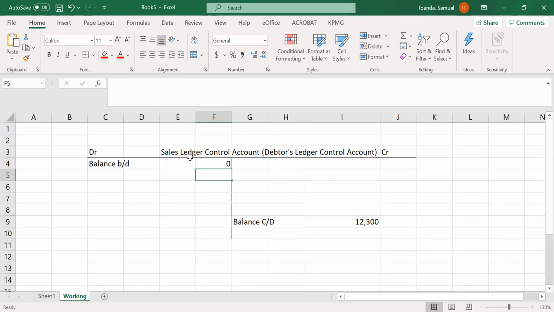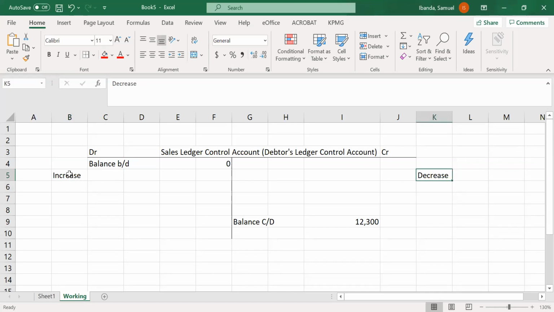After I've written my balance brought down and balance carried down, the next thing I do is write items that increase. Items that increase my debtors balances are recorded here, and items that decrease my debtors balances are recorded on this other side. I don't have to put the increase and decrease; this is just for demonstration.